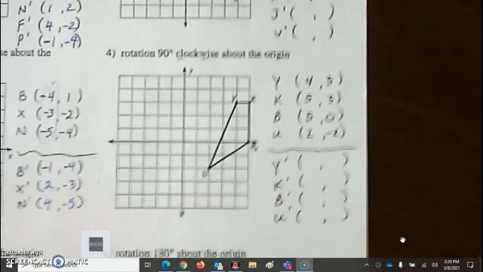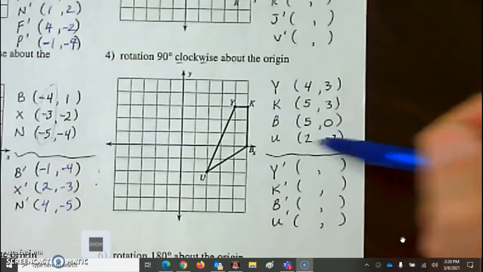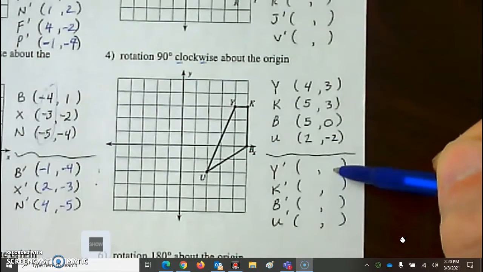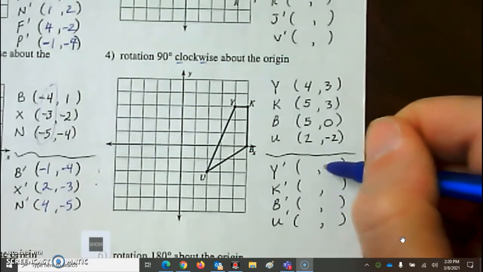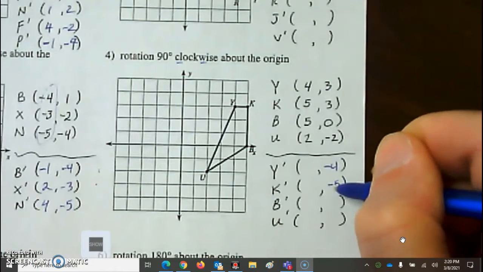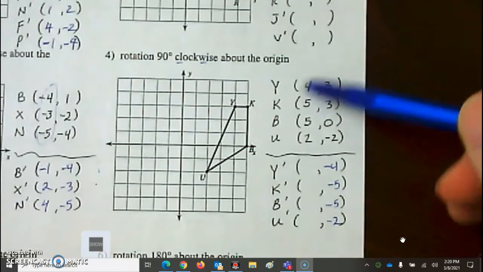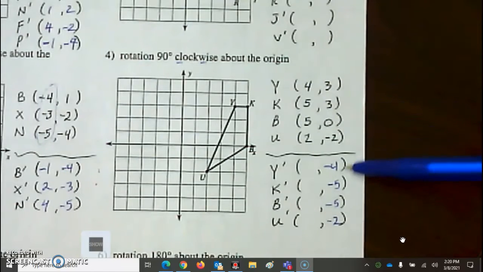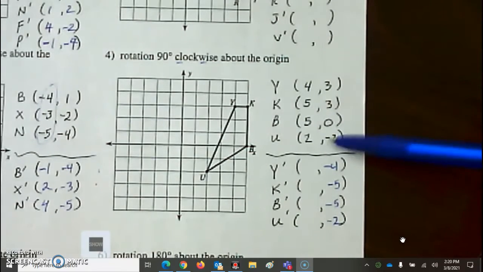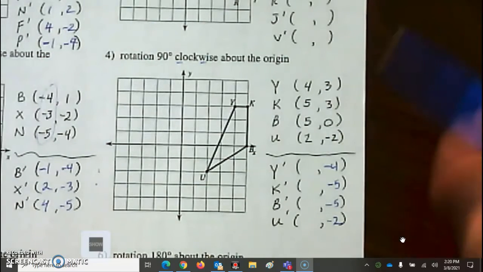We're on number 4. Change the sign of X, they're all positive, and then switch X and Y. So I'm going to write them all over here, all negative. See, I just took all these, switched the signs, put them in Y. Now these Y numbers I put in for X, but I do not switch them.